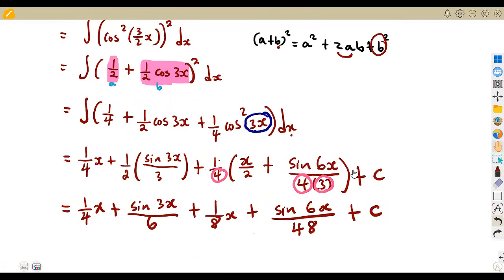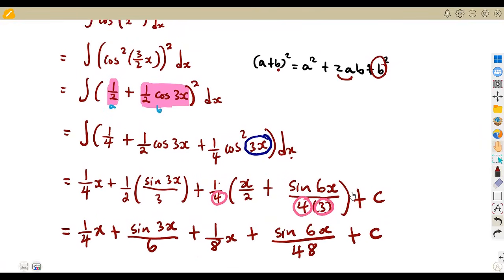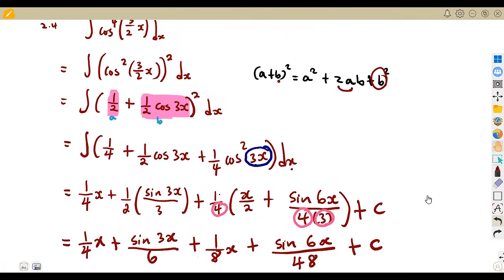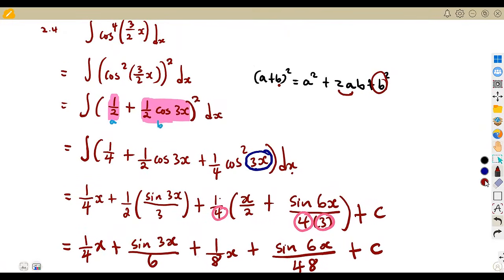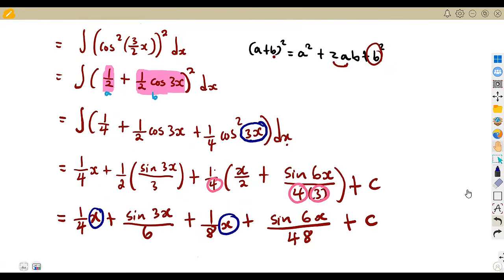Most of us are tempted to leave our answer at this stage. This is wrong, because we still have a part that can be simplified. There is x here and x here, 1 over 4x and 1 over 8x. These are like terms, so they can be combined together. This is going to be 1 over 4 plus 1 over 8, which is 3 over 8 on your calculator.